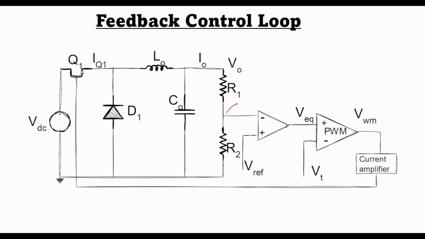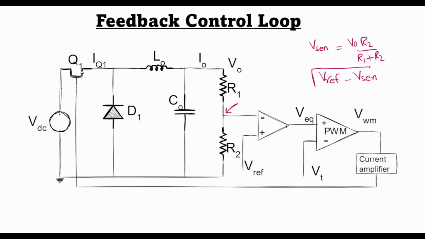So I sense a part of the output voltage here. Let me call this V sen, which would be equal to V naught times R2 over R1 plus R2. This is nothing but a voltage divider here. And I compare this with a certain reference voltage. So I want my output voltage to track this reference voltage. So V ref minus V sen.